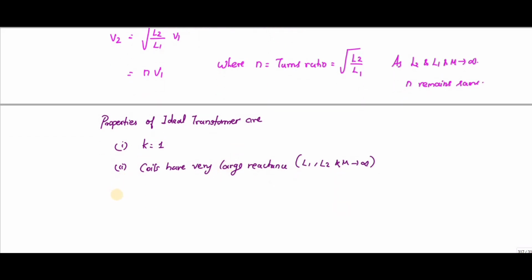The next one is you should not have any losses. Therefore, the primary and secondary coils are lossless, that is R1, R2 is equal to 0.